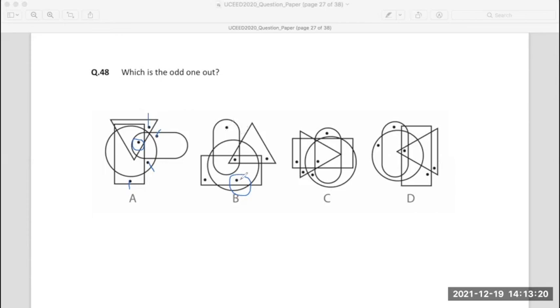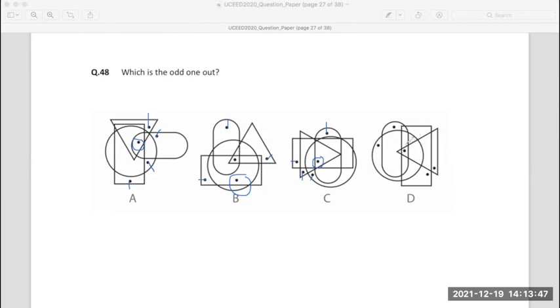In B, we see one dot where the circle and the rectangle are overlapping. Other dots are following: this is the triangle, this is that ovaloid thing, and this is a rectangle, but there's one dot which disregards this condition. In C again, there is a circle dot, a triangle dot, a rectangle dot, an oval dot, and one dot which overlaps all the shapes.